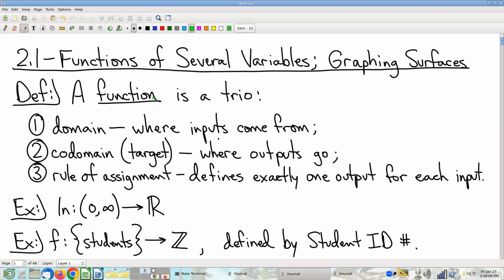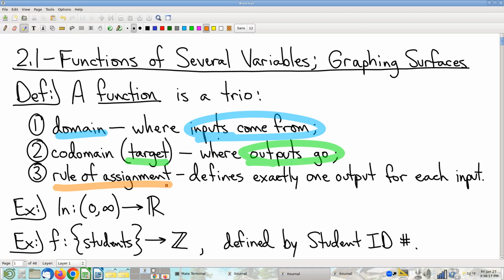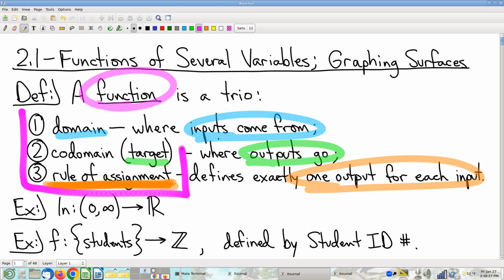Specifically, a function is a domain, which is where the inputs come from, combined with a target, which is where the outputs go to, combined with the rule of assignment. But very often this is a formula that tells you how to compute the output for any given input. So, again, if you have a formula that describes a function, then that's just one part of it. That's the rule of assignment. But the function itself is the trio of all three of these things.